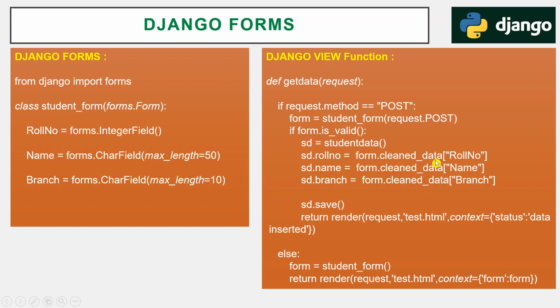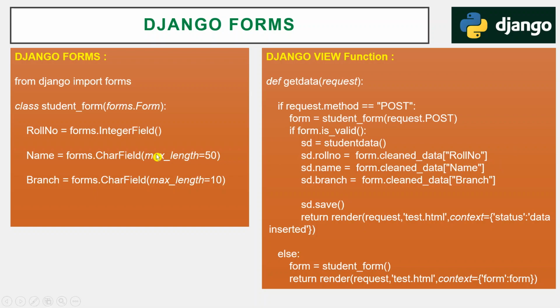So where does this cleaned_data come from? We had instantiated the form, and that form now has cleaned_data as well. It will contain all the data with unwanted characters cleaned, and only the restricted data will be there.